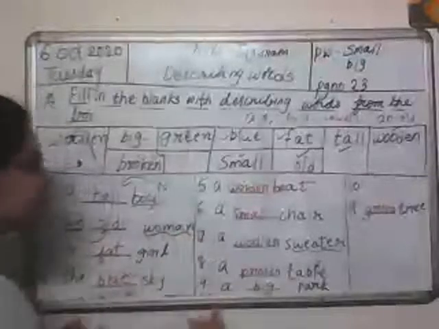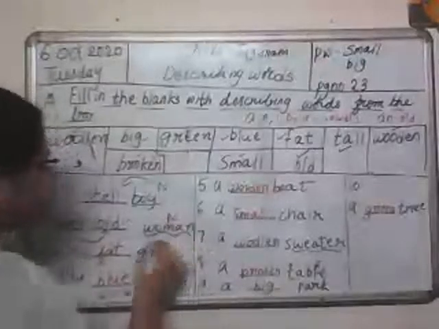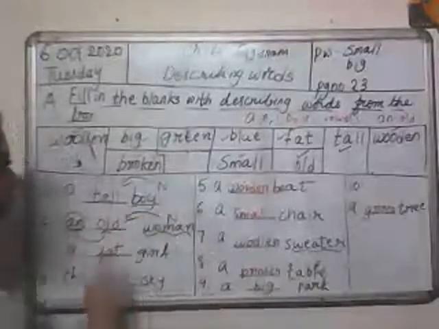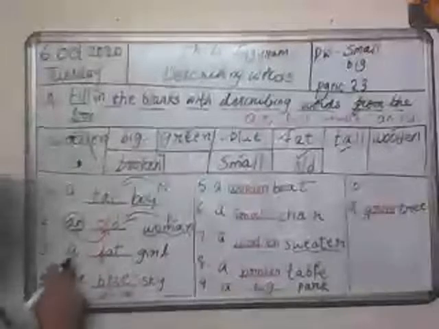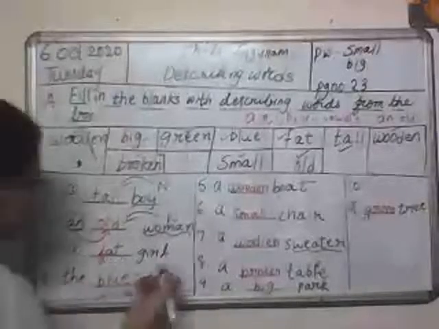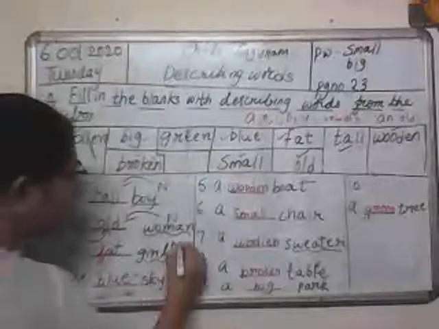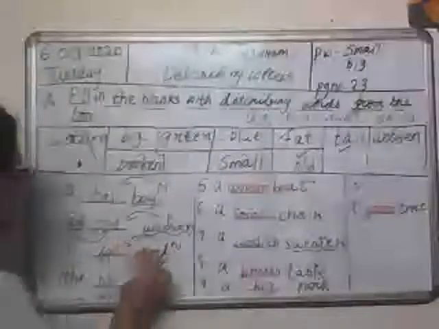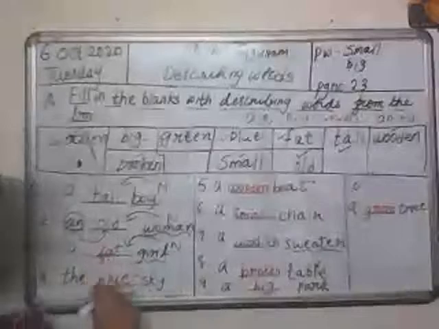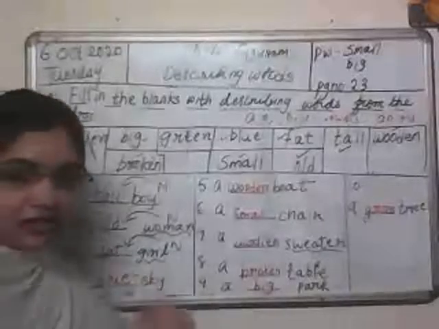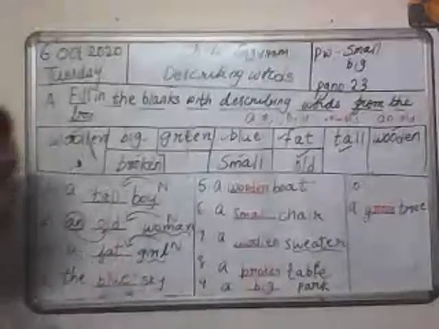Woman is a person, so this is again a naming word. And woman has been described as old. An old woman. Old is a describing word. A fat girl. Girl is again a person, that is a noun, a naming word. And I'm describing the girl as fat. Fat girl. So fat is a describing word.